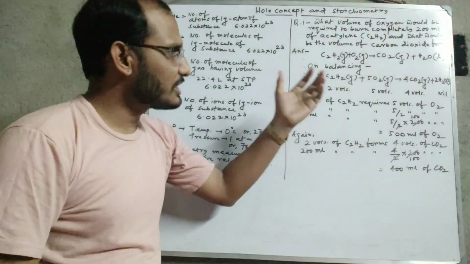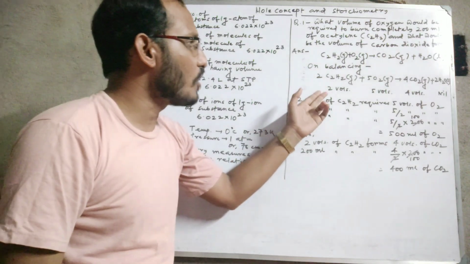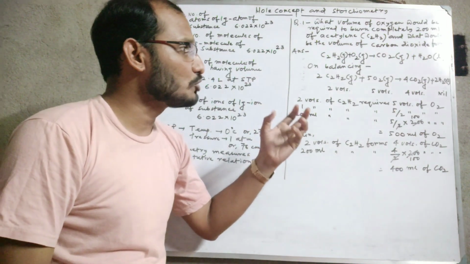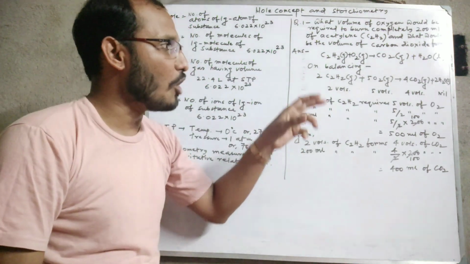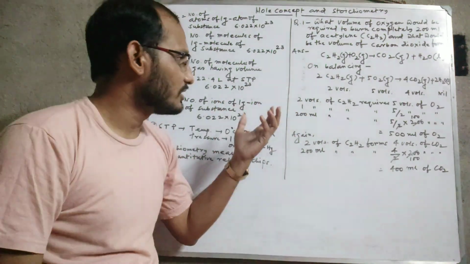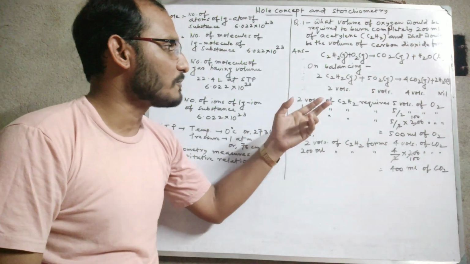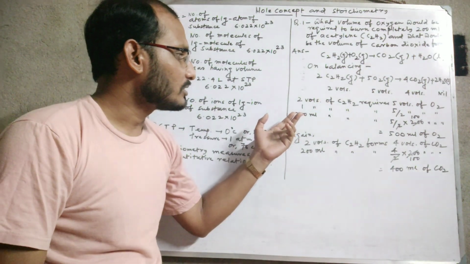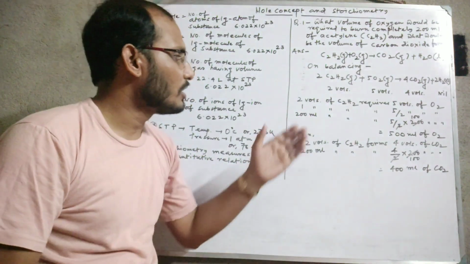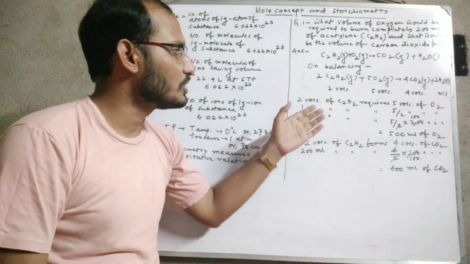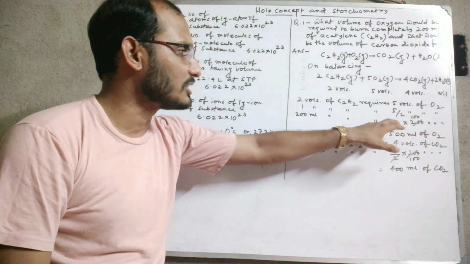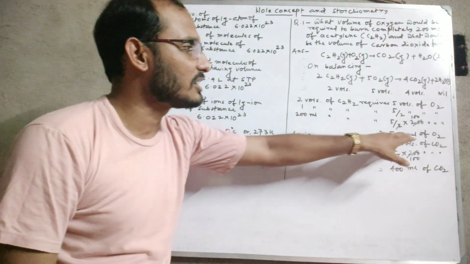So from this equation, 2 volumes of C2H2, that is acetylene, require 5 volumes of oxygen to form 4 volumes of carbon dioxide. So 200 ml of C2H2 requires 500 ml of O2.